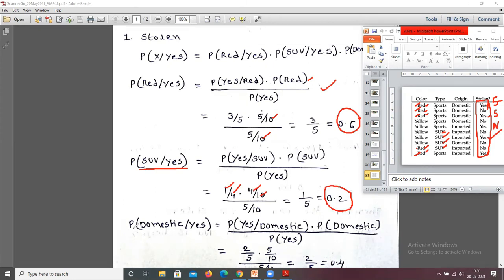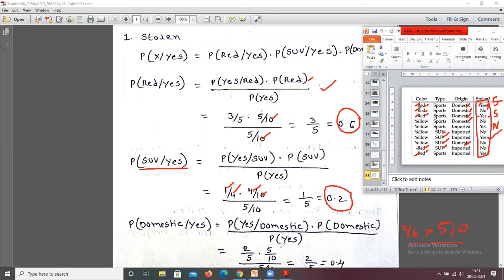And the probability of domestic given S equals probability of S given domestic. Here the domestic ones are 1, 2, 3, 4, 5, so total 5. In these 5, there are only 2 with S, 1 and another one is 2. For the remaining values, there is no. So this is 2 by 5 into 5 by 10 divided by 5 by 10.